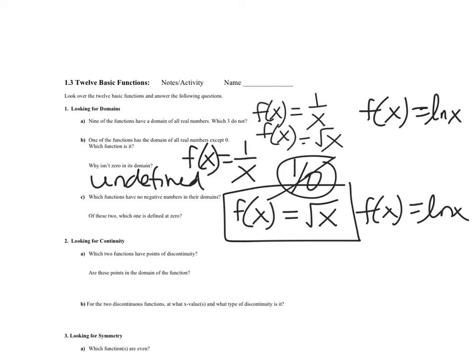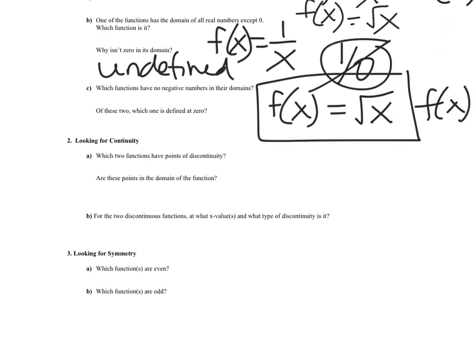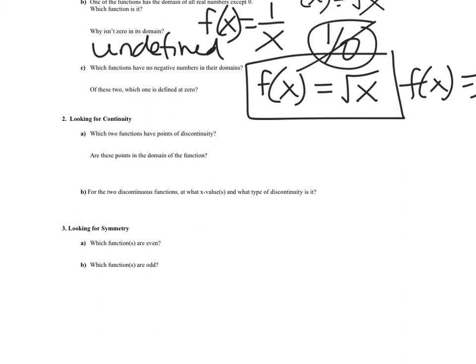No real answer. All right, then earlier this week we talked about continuity. And continuity, remember, is that you can draw your graph without lifting up the pen. So which 2 functions have points of discontinuity? Which 2 of them? Well, there's one right away. Yes, the greatest integer function. Let's just write that as f of x equals int x.